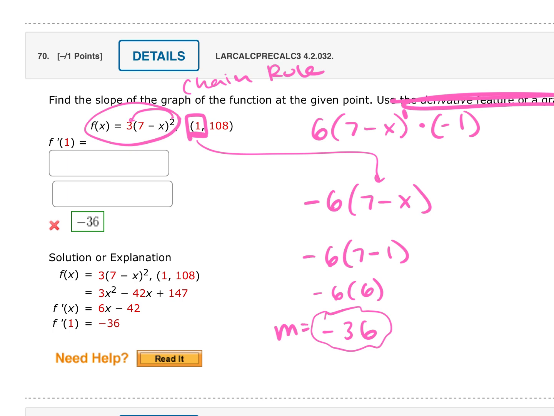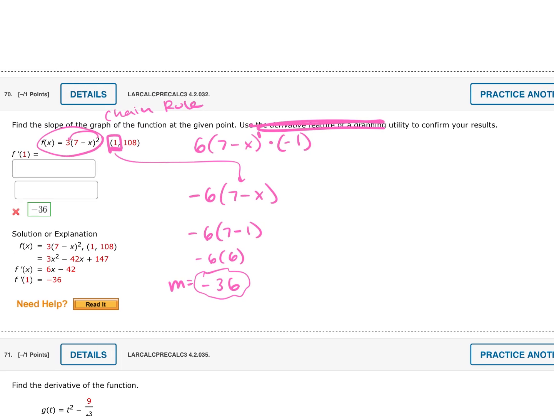On WebAssign, what they did is they FOILed this out. So they FOILed 7 minus x times 7 minus x and then distributed the 3 and then took the derivative of this. You'd get the same thing. Here you don't use the y value. If it asked for the equation of the tangent line, then we would need to use the 108.